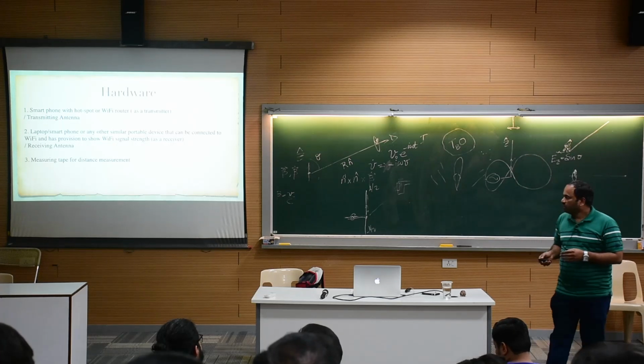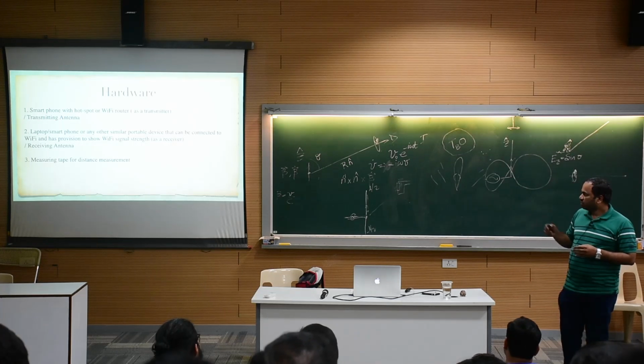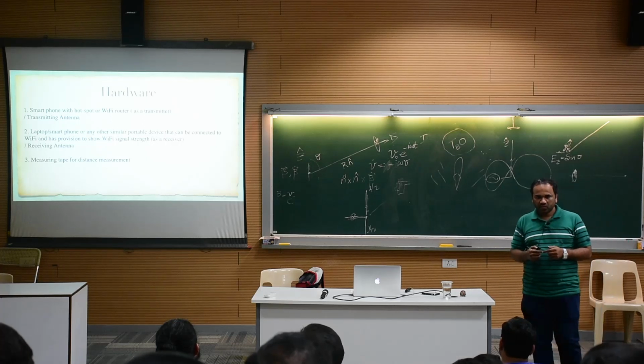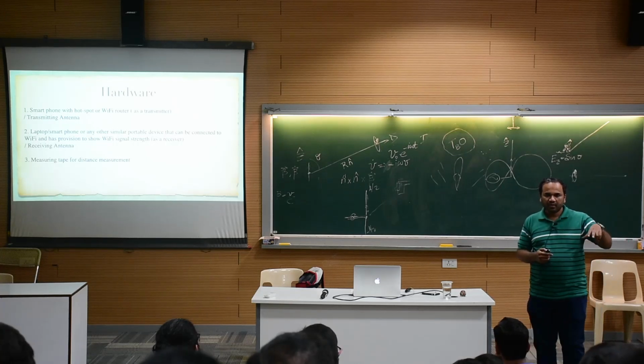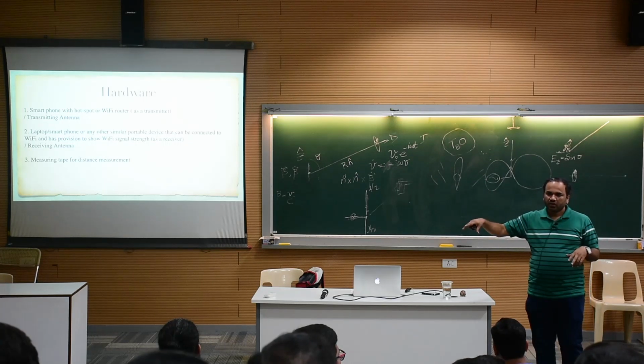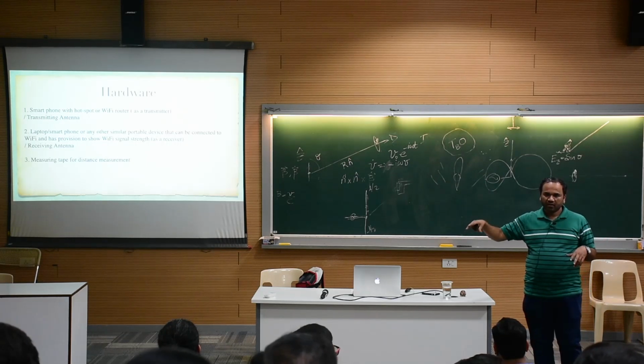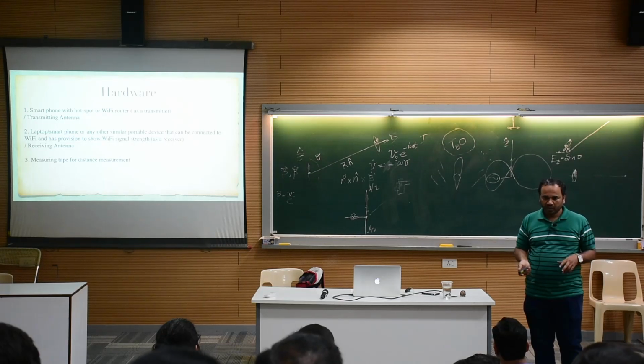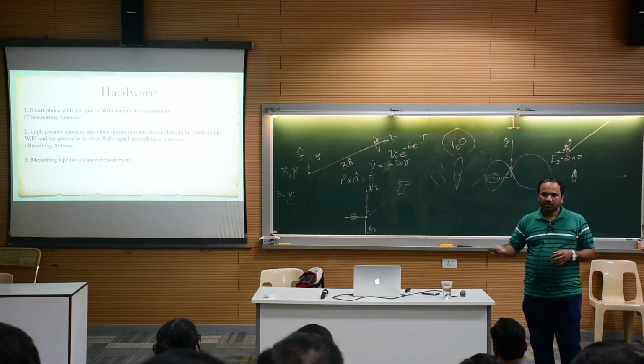This time we have slightly modified it. There is a dipole antenna here you can use at the transmitter, and at the receiver you can use another type of antenna, a dipole or a Yagi-Uda, and you can receive and measure the current.